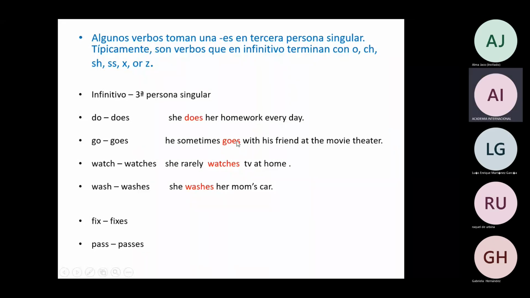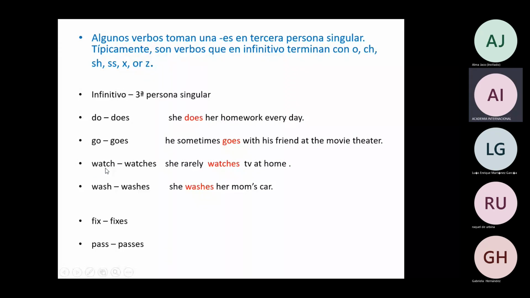We are using goes here because I am using this personal pronoun or this subject that is in third person, ¿verdad? Incluso si aquí estuviera un nombre propio, dijera, por ejemplo, Oscar. Oscar sometimes goes. Siempre va el verbo así. ¿Por qué? Porque estoy hablando de él. Siempre estoy hablando de él. He, ¿qué significa él?